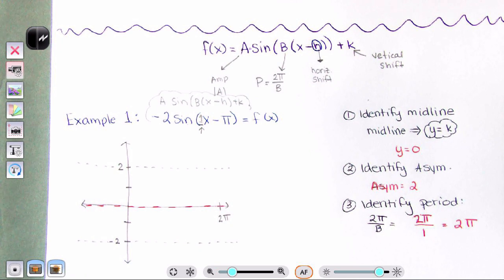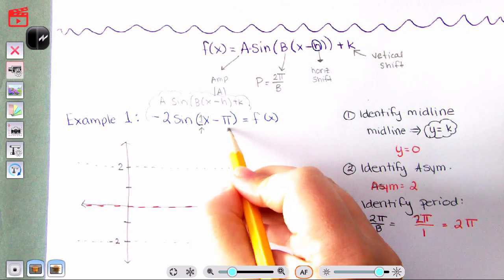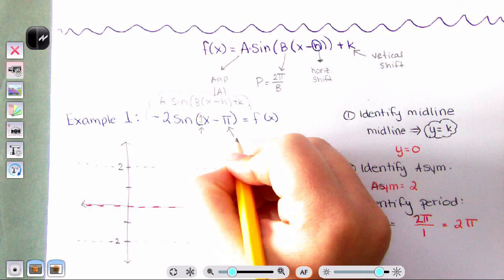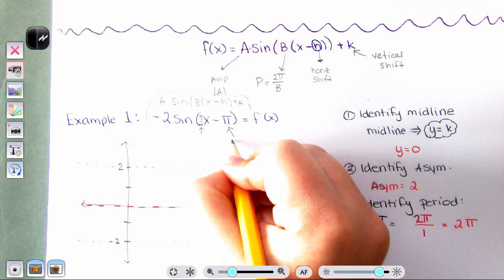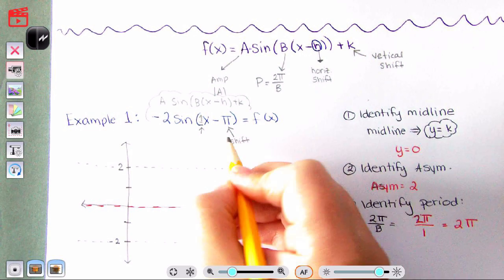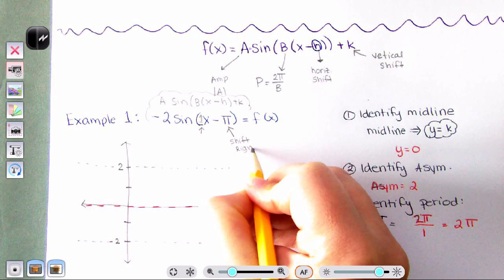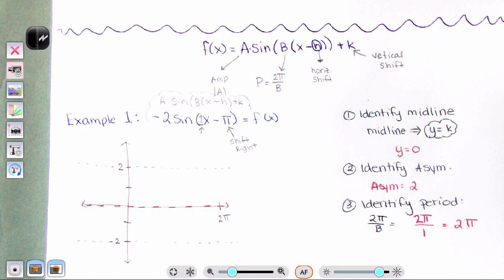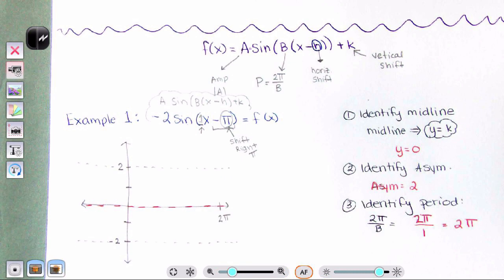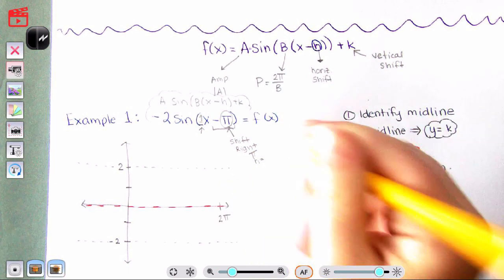From here, we are shifting. Again, what are we doing? We are horizontally shifting to your right pi amount. Whatever you see here, you see a negative pi, you really have a positive pi as your h.